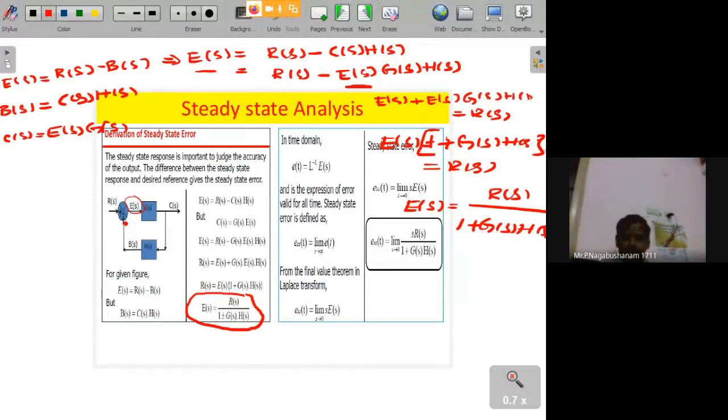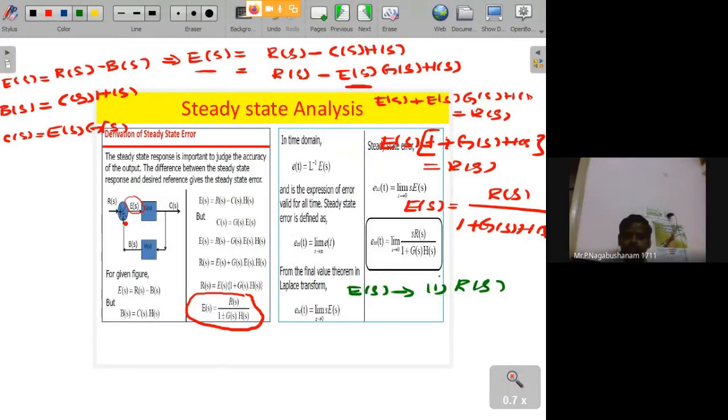So the error signal means the difference between input and output. This error signal E of S is a function of, first, the reference input.